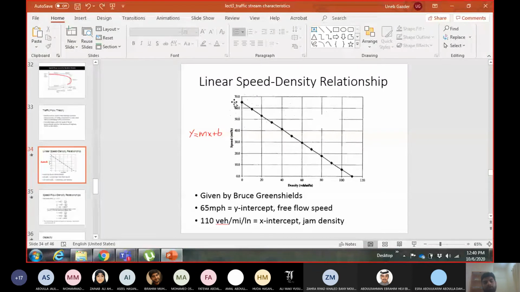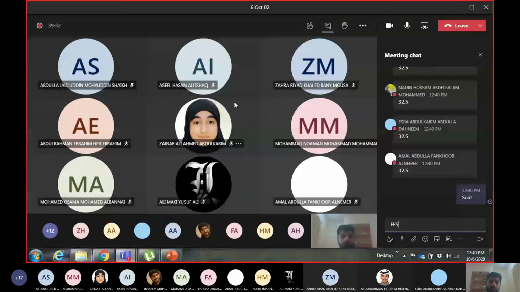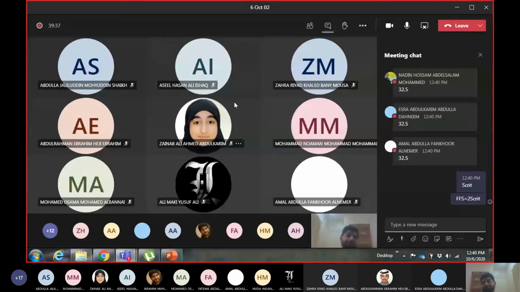What is the relationship between them? Free flow speed equals twice the critical speed. So we have just proven that jam density is always twice the critical density, and free flow speed is always twice the critical speed.